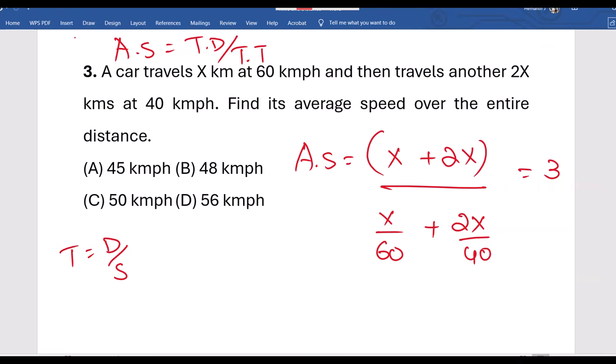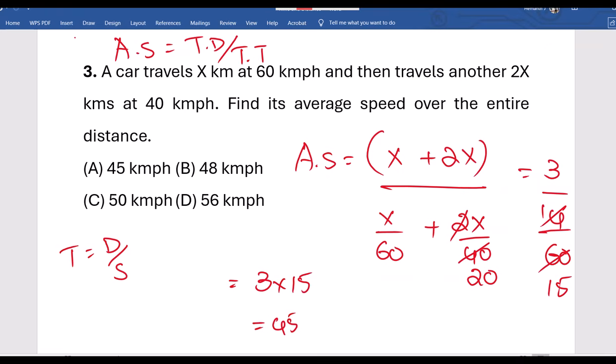Denominator: x is already taken out. 1 by 60 plus 1 by 20. LCM is 60. 4 by 60 will come. Denominator 4 by 60. Now 3 into this is 15. 45 kilometer per hour. Answer is 45 kilometer per hour.